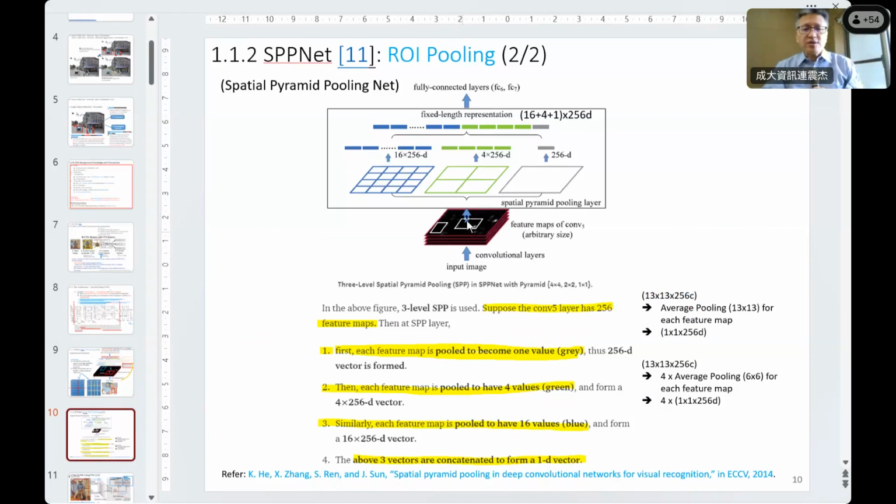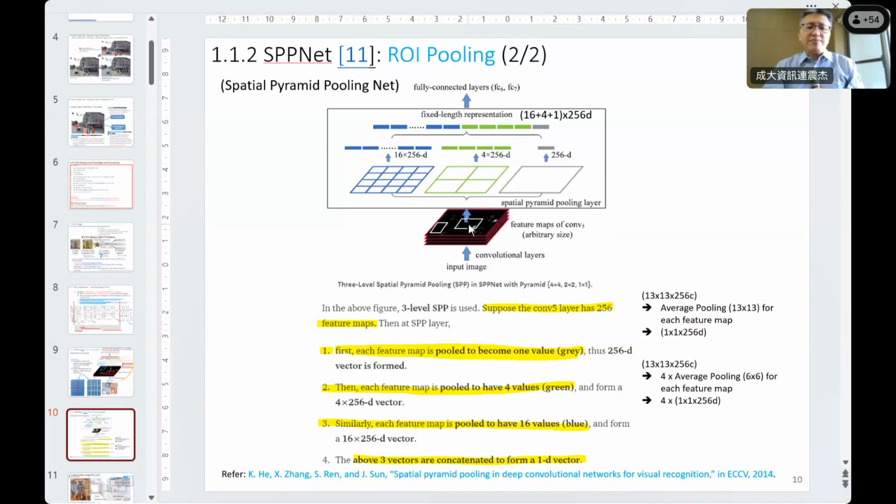For each region they take the average, summing it into one value, but since there are 256 feature maps, the dimension will be 1 by 256. So each bounding box has only one value per feature map, with 256 feature maps in total.